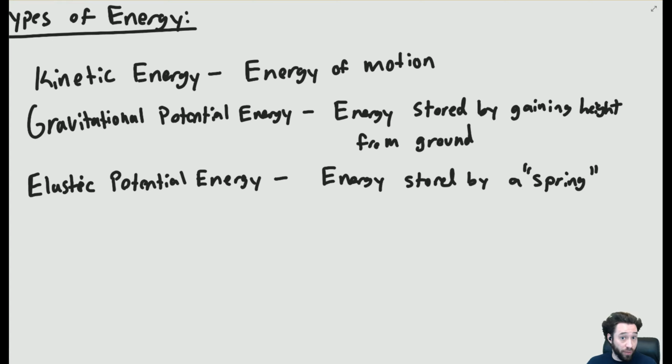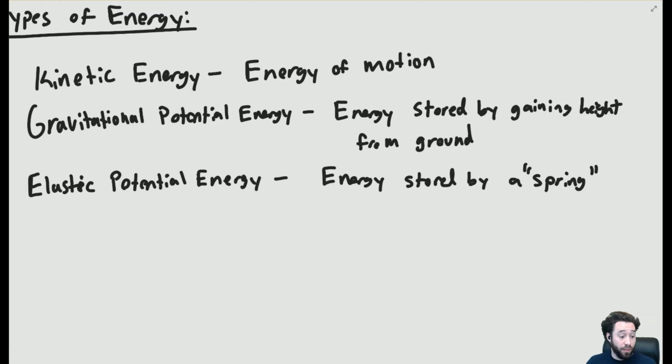So if there is no velocity, there is no kinetic energy. Gravitational potential energy, that's the energy stored by creating a distance from the surface of the Earth or from a particular reference point. So the higher up you go, the more energy you have stored. And then when you start falling towards the earth, that's going to be converted into kinetic energy.